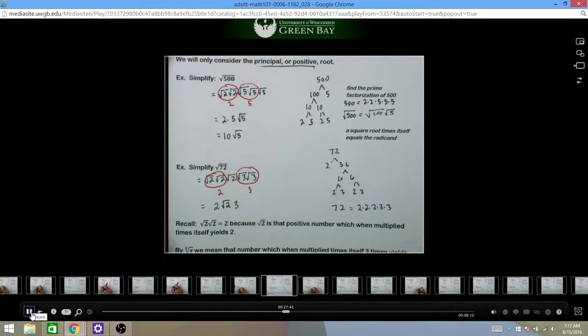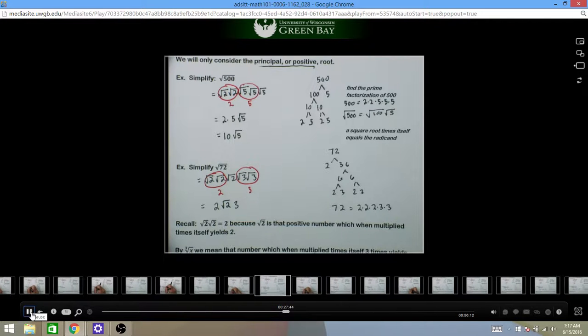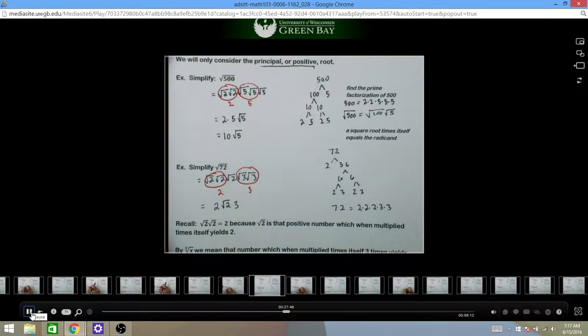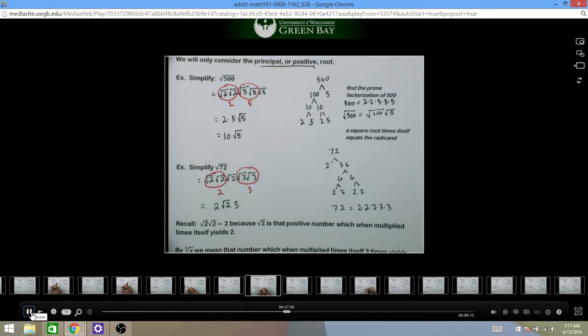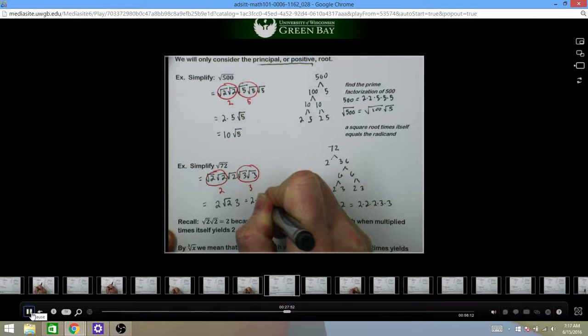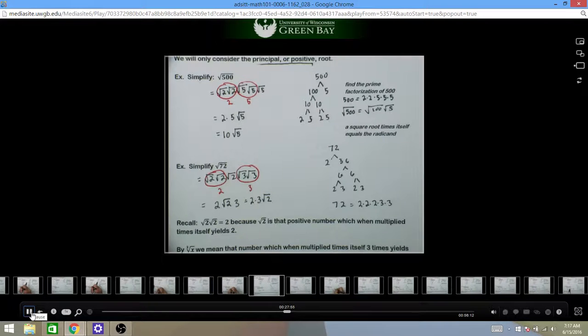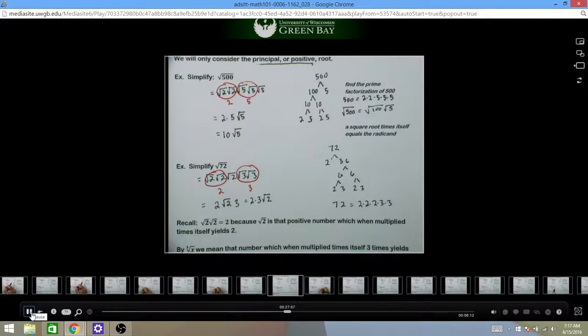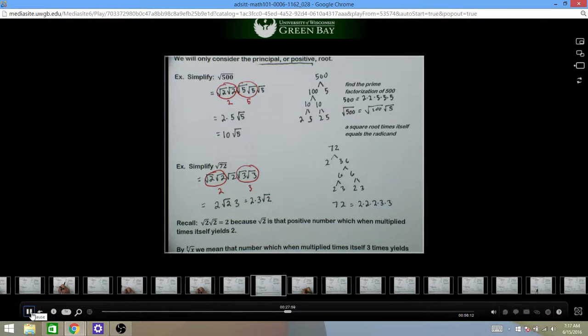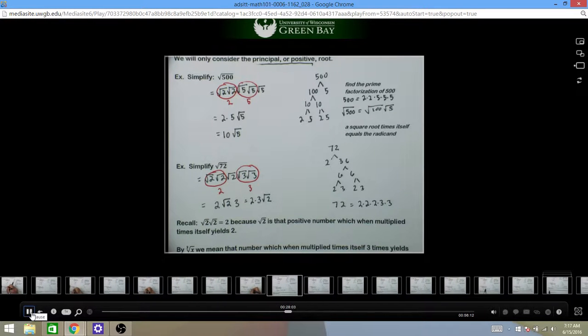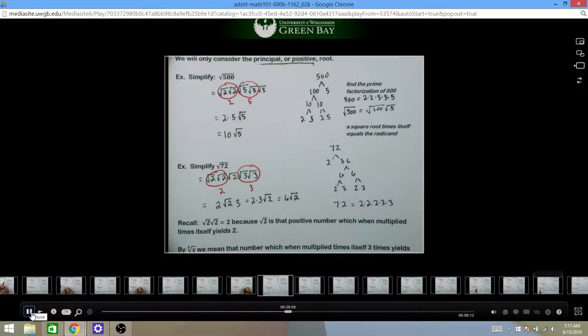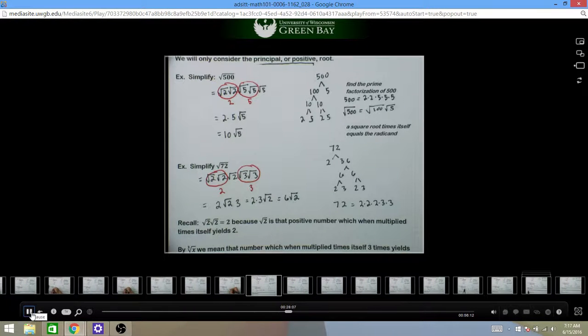Now multiplication is commutative, that is, you can write it in any order. It commutes, okay, so you can take 2 times 3 times square root of 2. And you probably knew it was commutative, right, because you knew 2 times 3 is the same as 3 times 2. They're both 6, so it doesn't matter what order you multiply. So usually we would multiply the 2 and the 3 together and then say times the square root of 2.